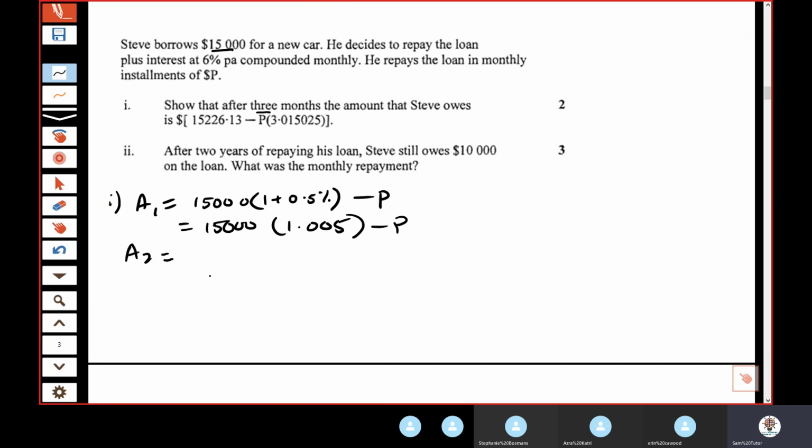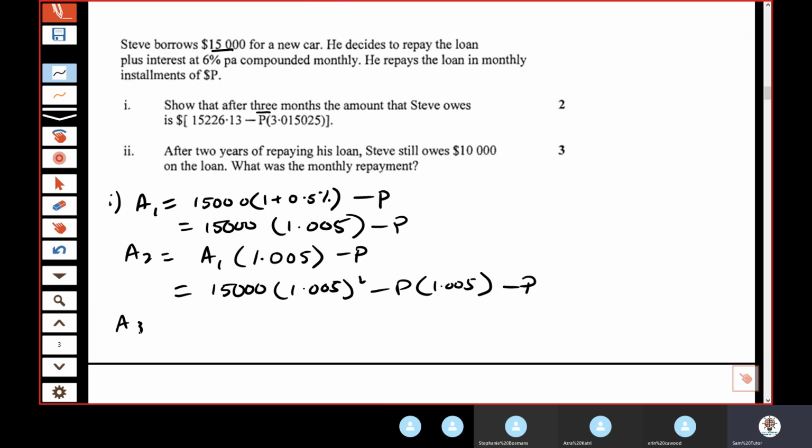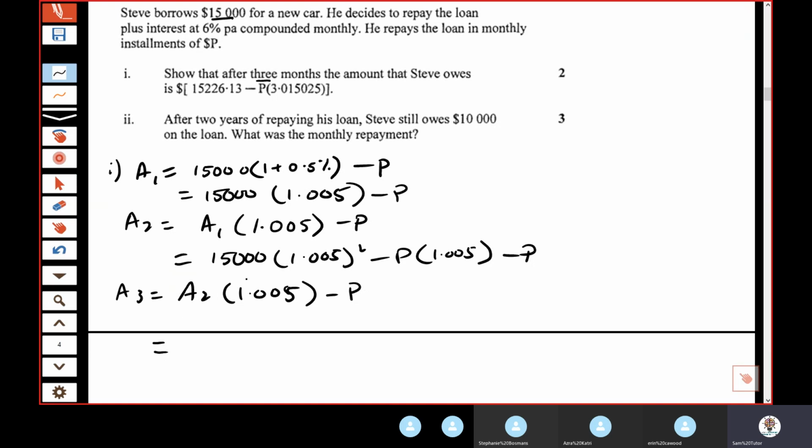Okay, A2. A2 becomes A1 times 1.005 minus P, so 15,000 times 1.005 squared minus P times 1.005 minus P. A3 should be A2 times 1.005 minus P. A2 is 15,000 times 1.005 cubed minus P times 1.005 squared minus P times 1.005 minus P. But I did tell you guys I don't really want you to get used to decreasing, always increasing.